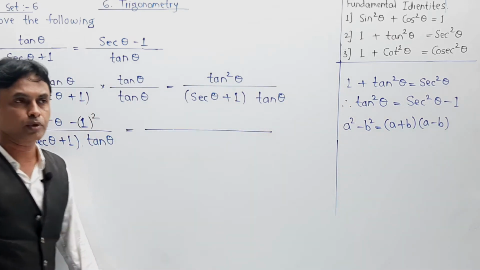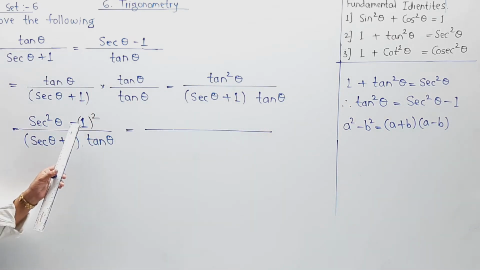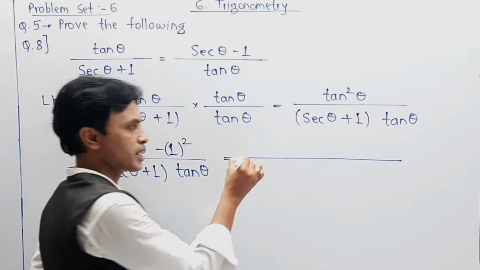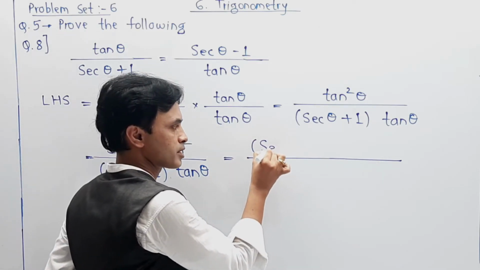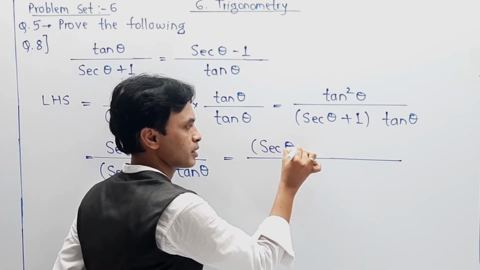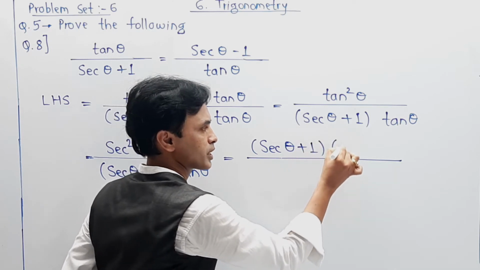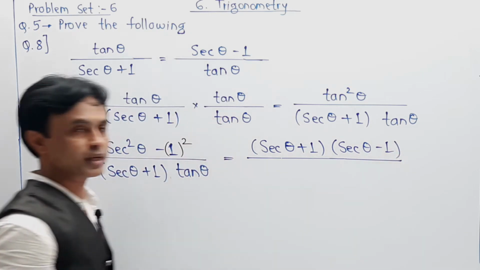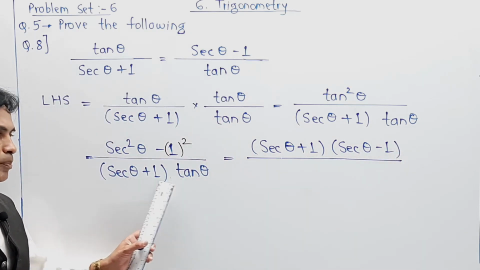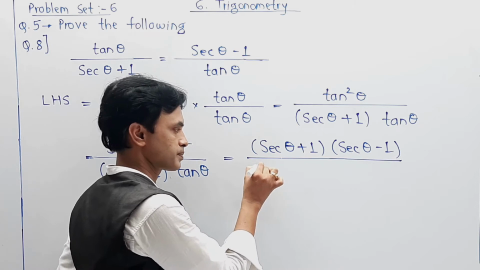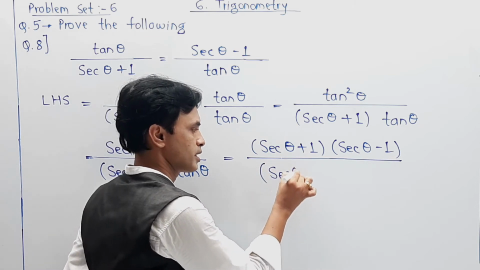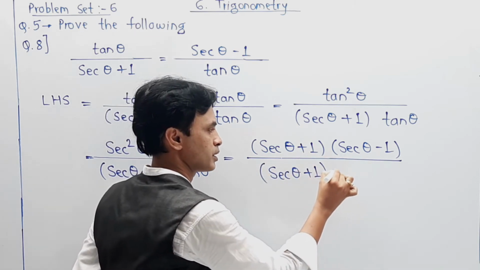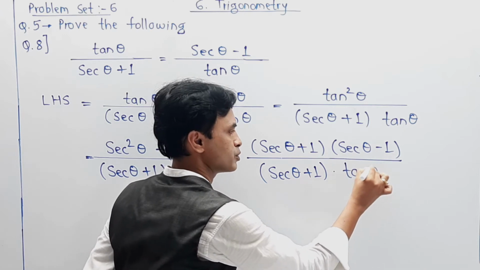In the same way, the factorization of sec square theta minus 1 square is, in the first bracket sec theta plus 1 into the second bracket sec theta minus 1, divided by the denominator sec theta plus 1 into tan theta, as usual.